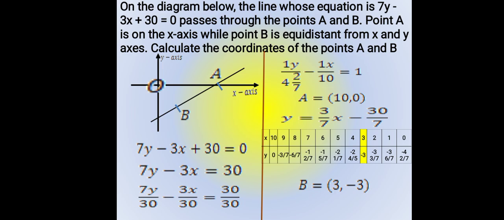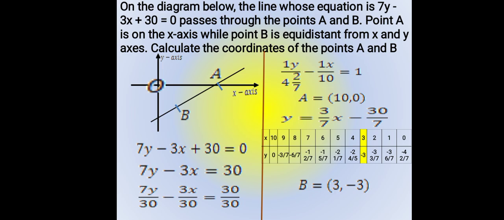Our line is 7y minus 3x plus 30 is equal to 0. Now, if you write a line as x over a plus y over b is equal to 1, those denominators are the intercepts of x and y respectively.